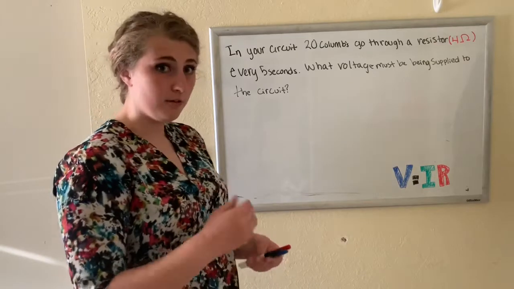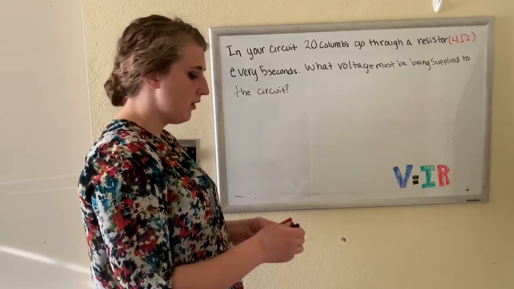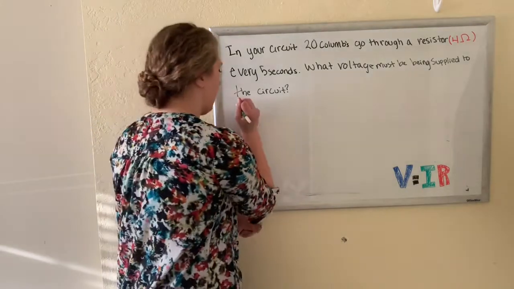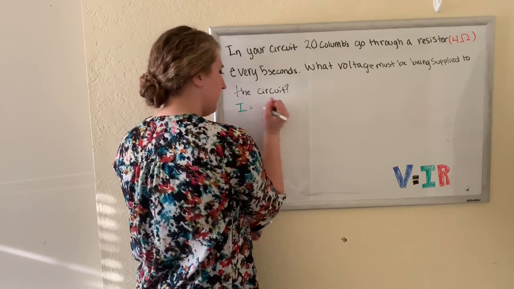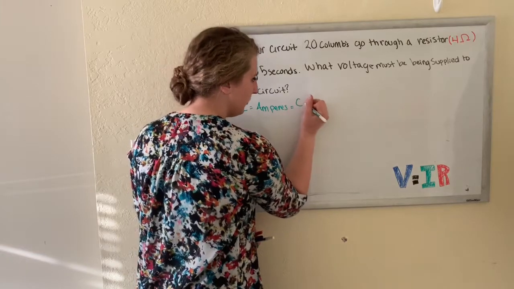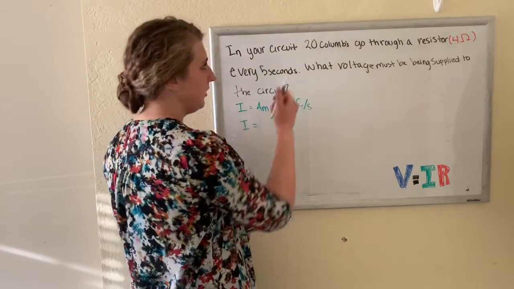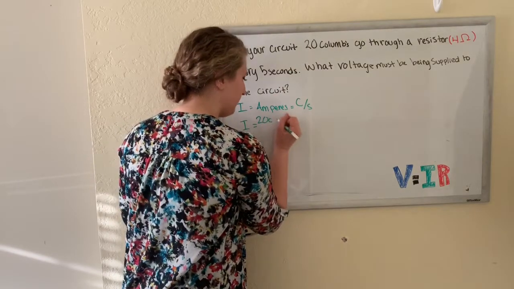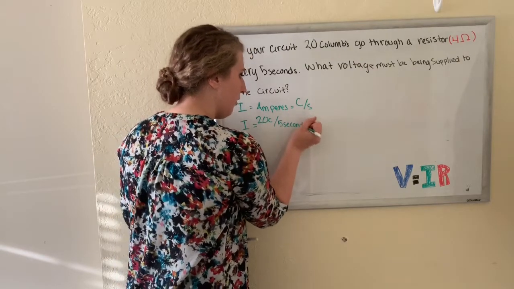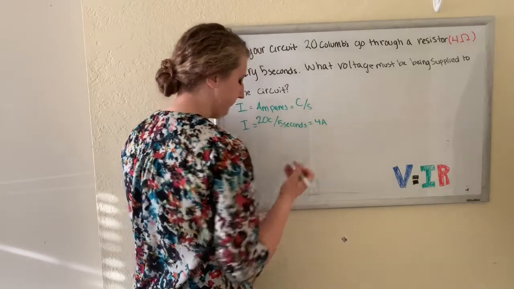If we recall from the beginning of this lecture, we know that current, or I, is measured in amperes, or coulombs per second. So our I will be equal to 20 coulombs per 5 seconds, or 4 amperes.